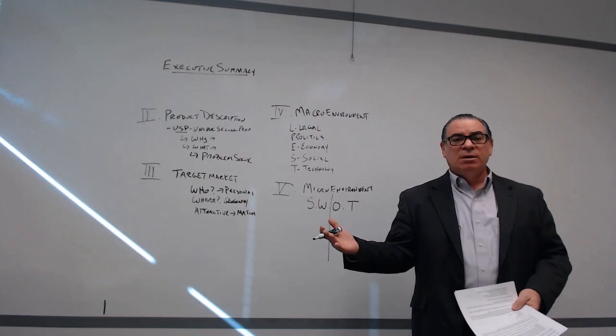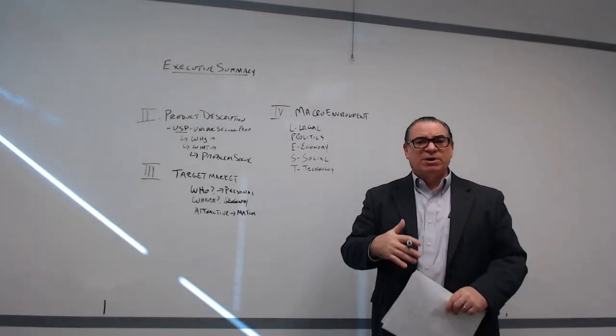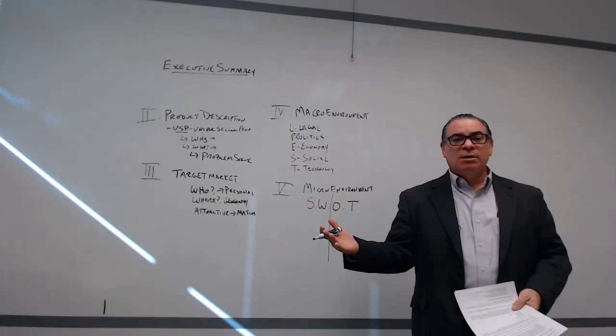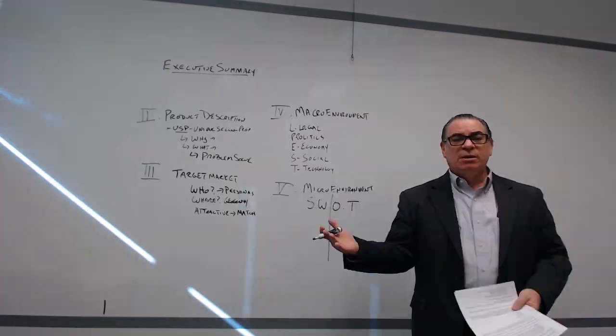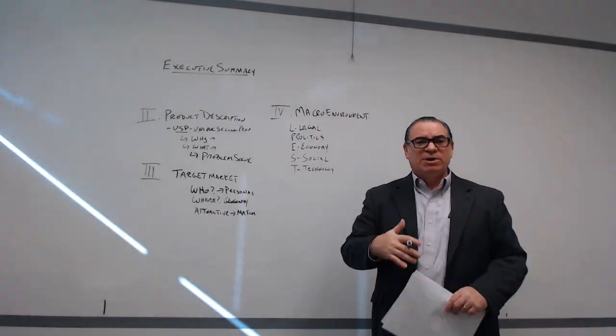And you probably want to do something like this. If you know what your COGS are, remember what COGS means? Cost of goods sold. You know what your SG&A is. What's SG&A again? That's your selling, general, administrative expenses. That's like all the expenses that go into getting the product to market.